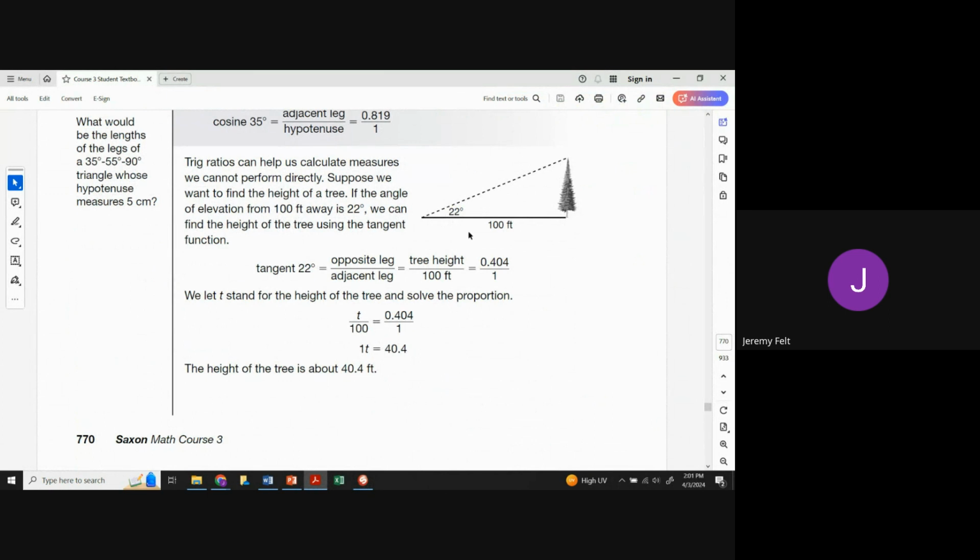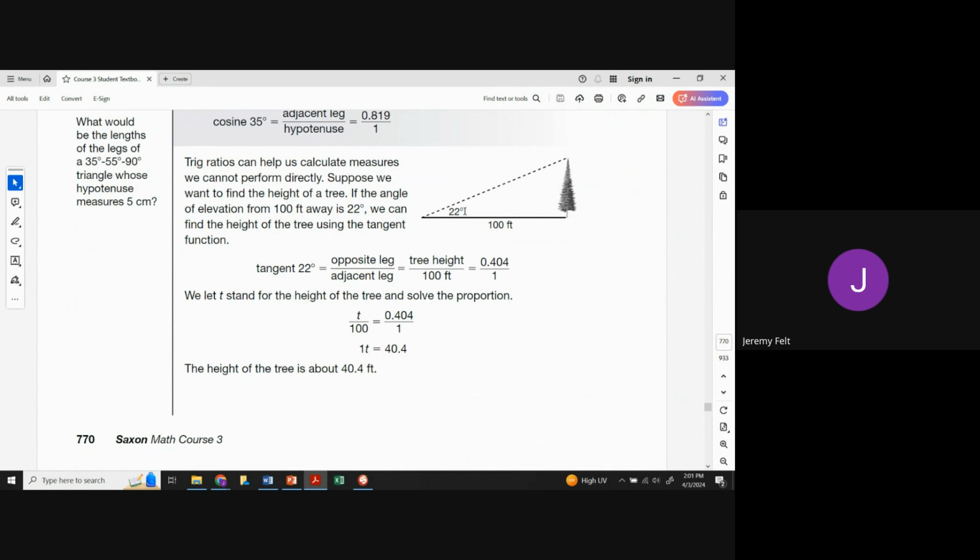Okay, so why would we use this? Well, let's say we're surveying something, or we talked about indirect measurement in the past. A tree, a tower, maybe it's difficult to get to what we're measuring. It's a heavily wooded area, or whatever the case may be. Or we just don't want to climb a tree and use a tape measure. We want to calculate it to save ourselves the risk of injury.